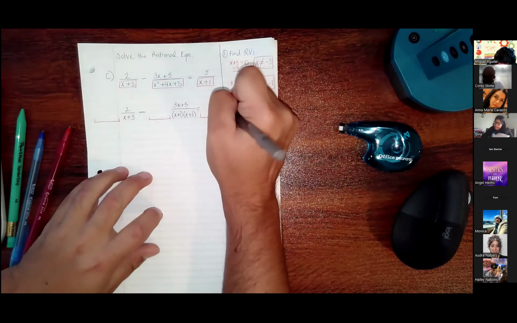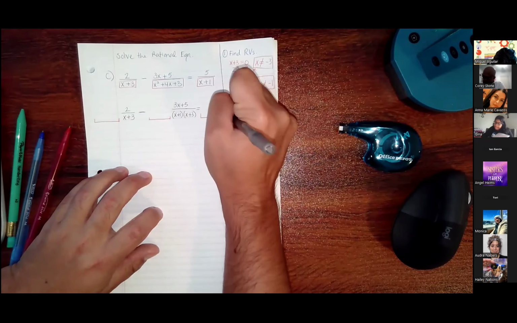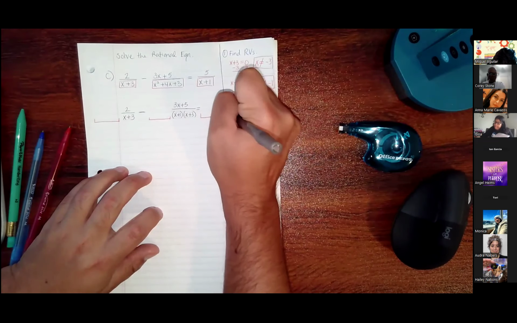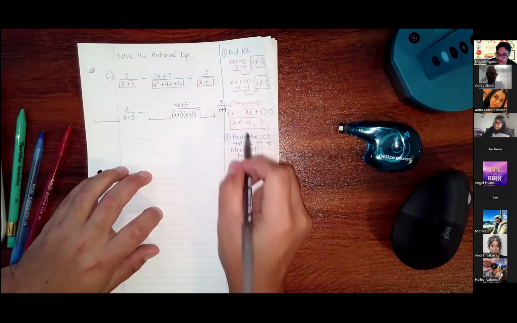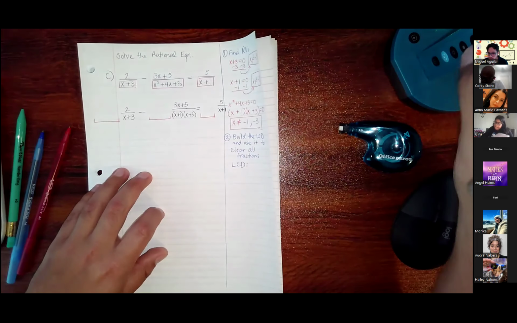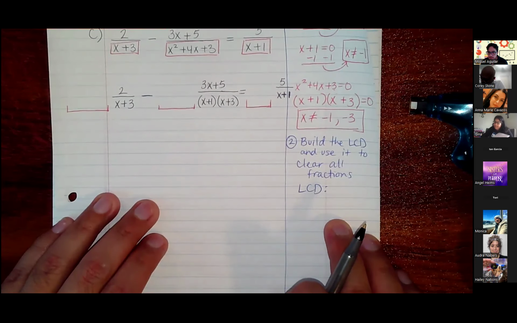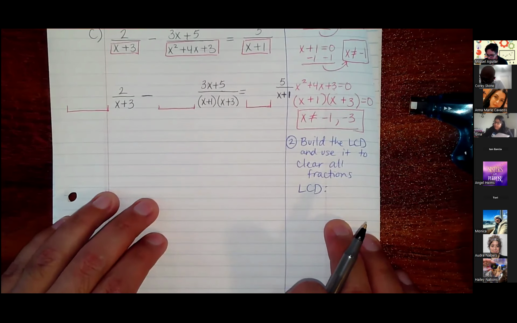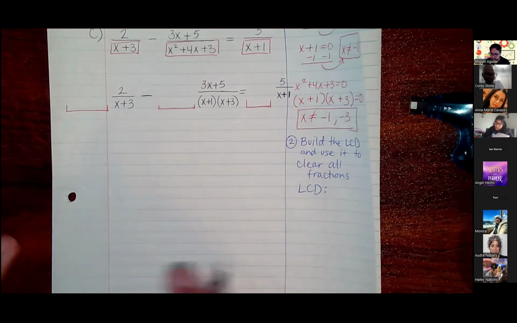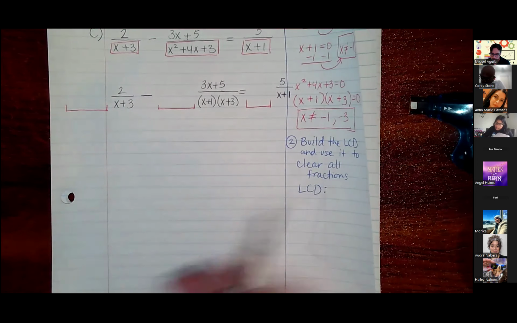My last term was 5 over x plus 1. I'm going to zoom in so you can see it a little bit clearer. Are you guys okay with me setting up each of the terms and setting up my buckets? Any questions out there?